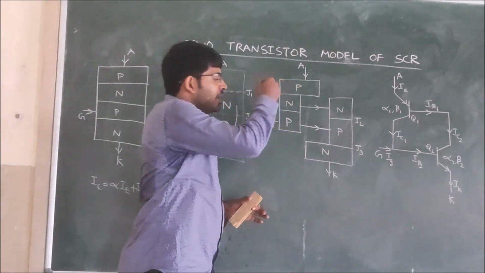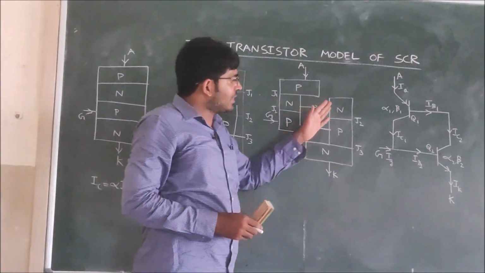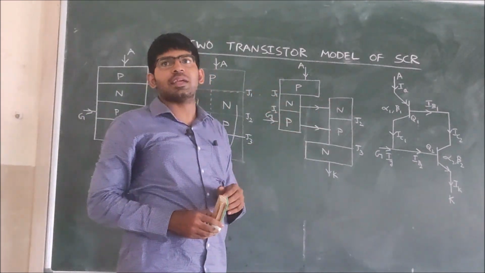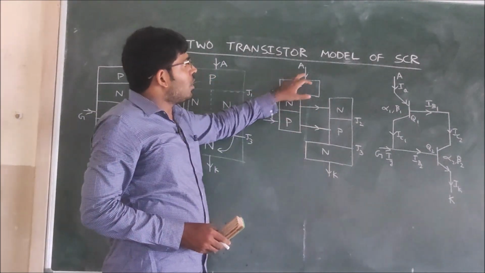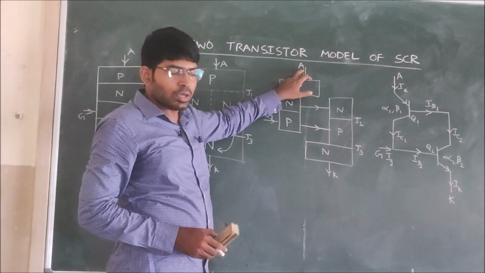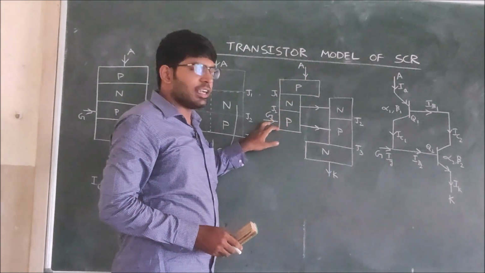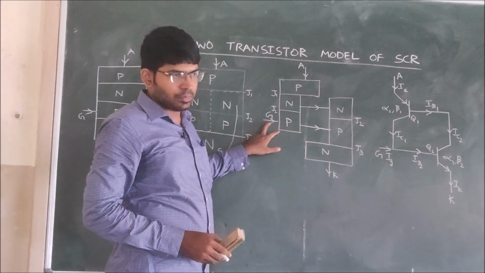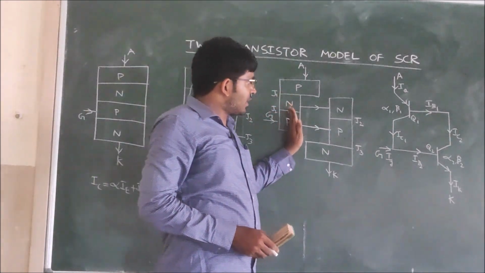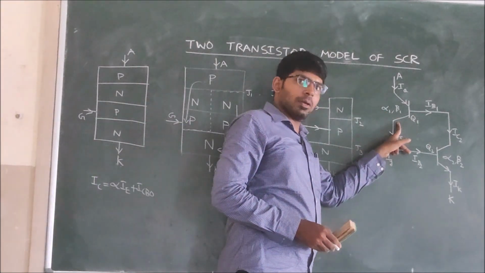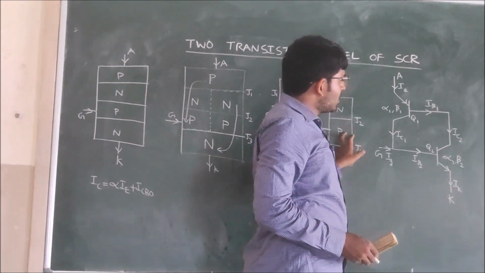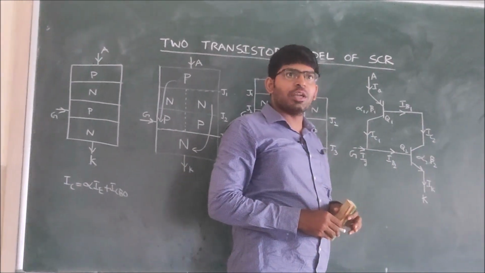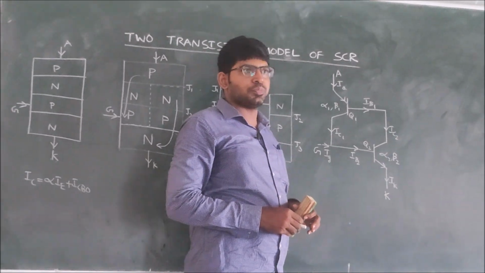This is a PNP transistor and this is an NPN transistor. The anode, cathode, gate terminals we have represented. Now we are representing this by using the circuit symbol. The two transistors are Q1 and Q2.